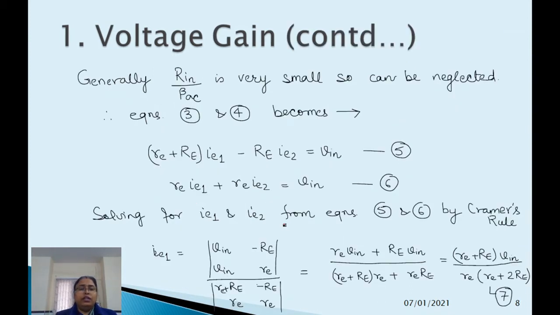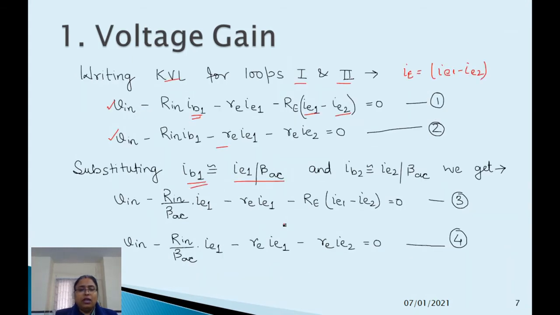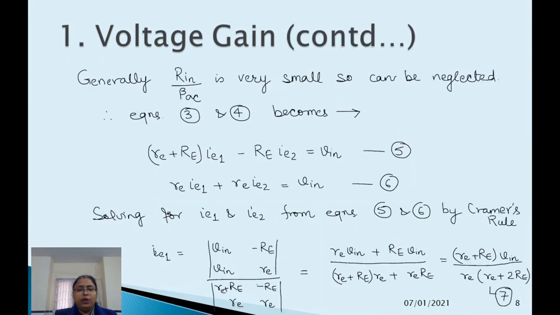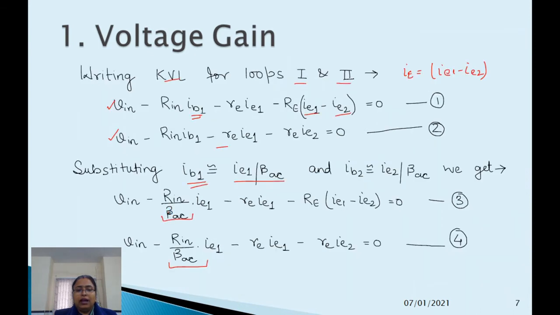Generally Rin upon beta AC is very small, so it can be neglected. So equations 3 and 4 become, these two terms are very small, so they can be neglected, and now the equation becomes Vin1 minus RE IE1. So we can remove this part because it is very small.